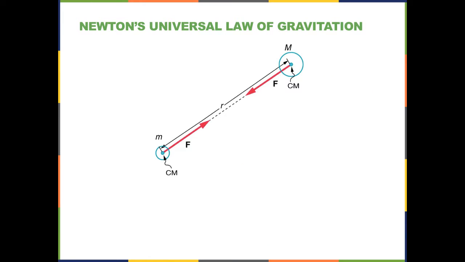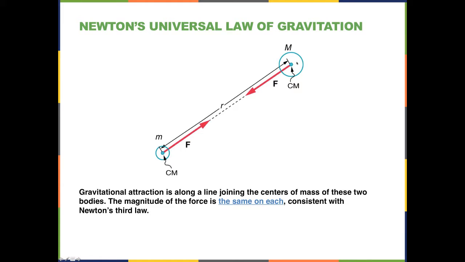So every object, no matter what object it is, there's a force that attracts these two objects to each other along this line, and there's a force for each object. And that gravitational attraction is along the line of the centers of mass. And the magnitude of that force is the same, one direction or the other, consistent with Newton's third law.